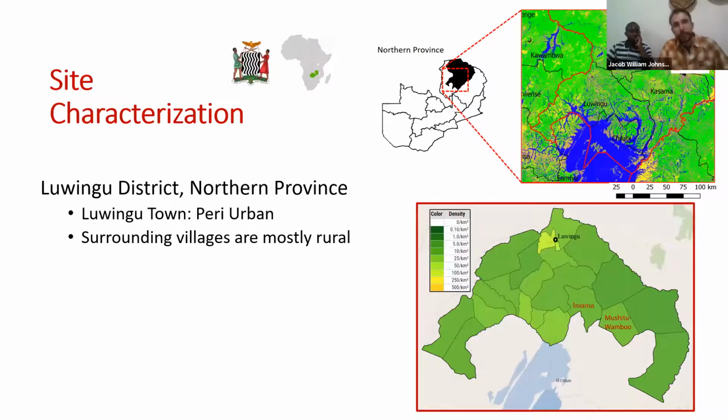We'll be conducting this research in Luwingu District, Northern Province. Luwingu District is mostly rural with low population densities. The landscape is a patchwork of the Miombo woodland, wetlands, rivers, villages, and croplands.